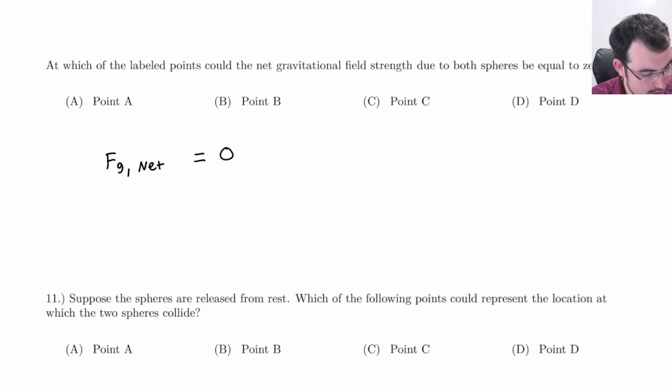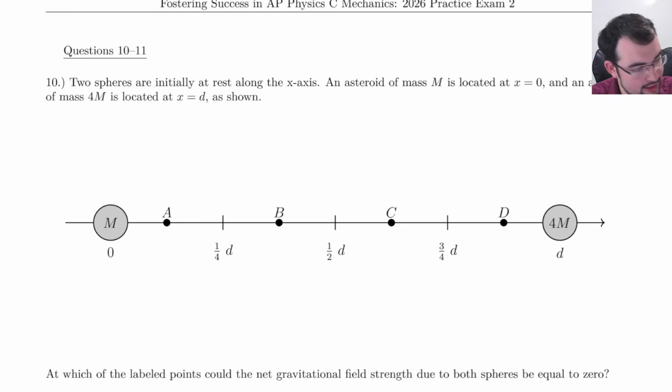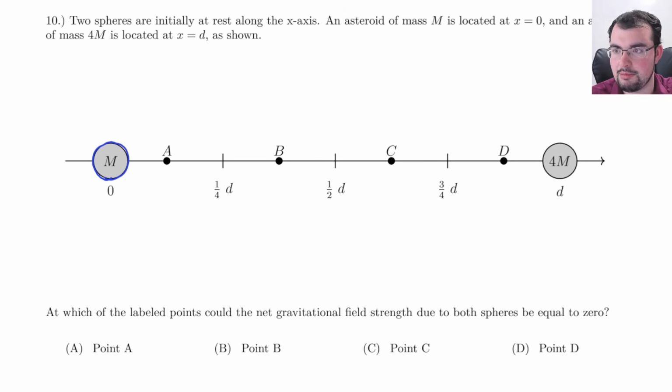But we also have this concept of the gravitational field, which is equal to GM divided by r squared. So it's an inverse square law, just like Newton's law for gravity. So let's try to figure that out for both of these spheres. We'll start with the base case of just mass m.